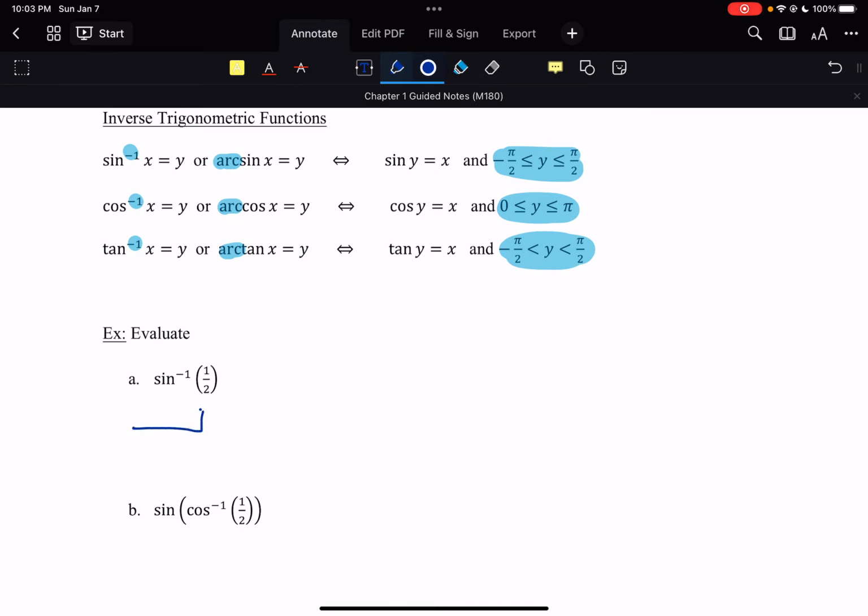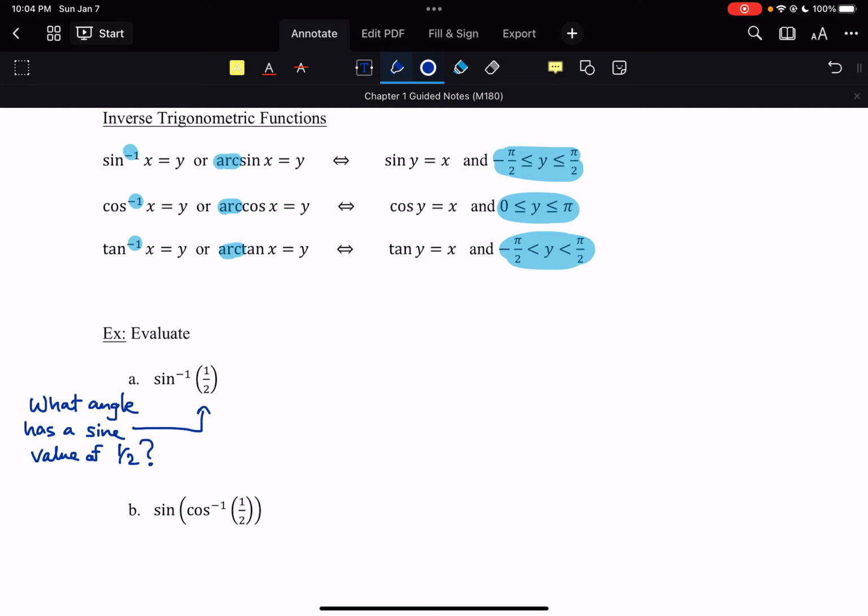So like this question here, instead of sine of an angle, it's sine inverse of the output value. So this is really asking what angle has a sine value of 1/2.